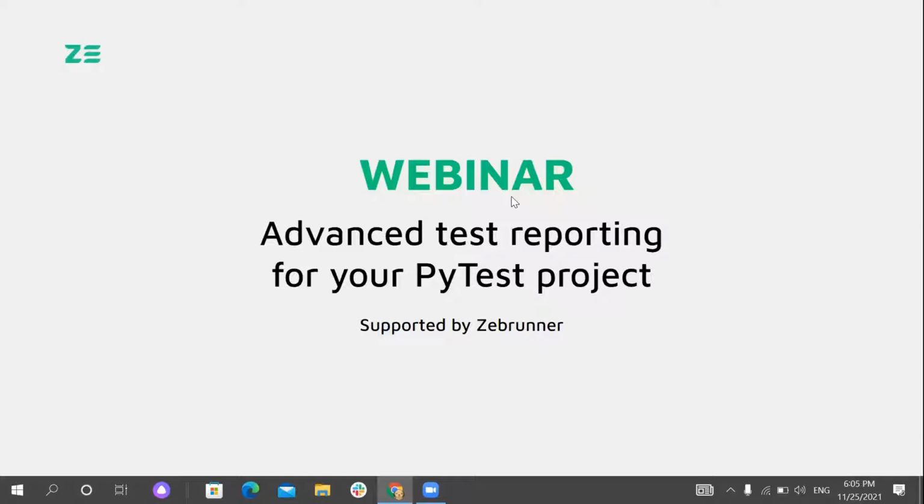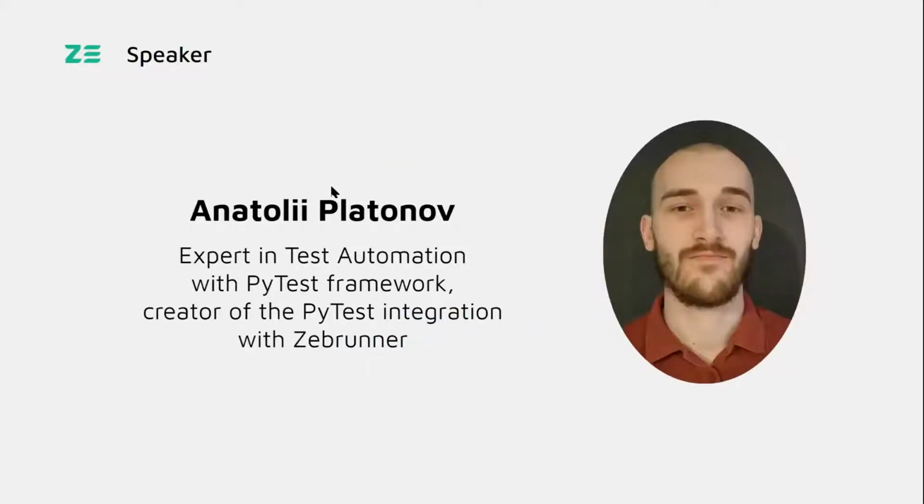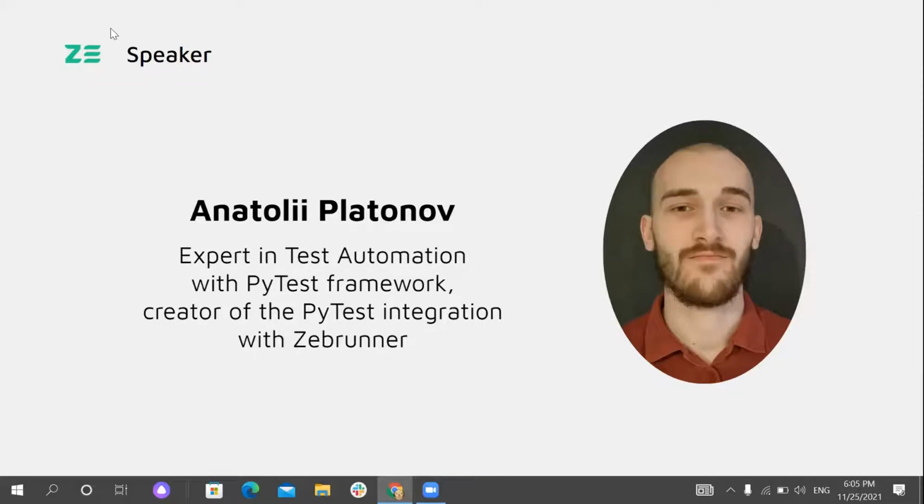We want to show you how Zebrunner solves all of these issues, how it helps with quality assurance, which is why many companies choose Zebrunner. Our speaker today is Anatoly Platonov. He's an expert in test automation with PyTest, the creator of this integration with Zebrunner.